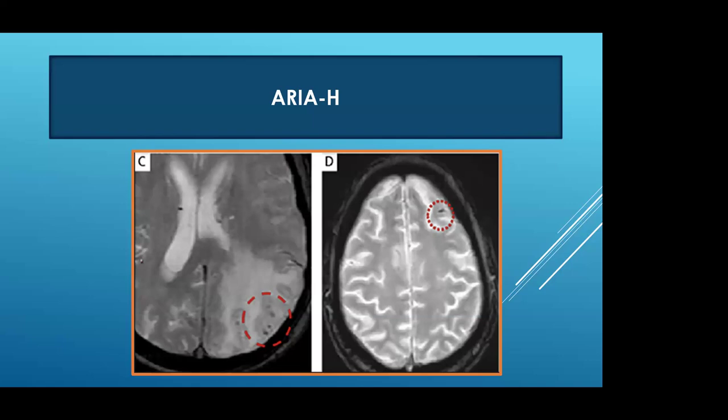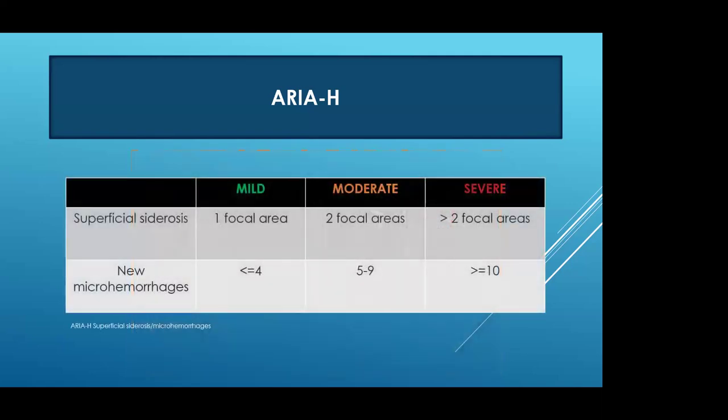My understanding is that the microhemorrhage is almost always intraparenchymal. Oh, I get your question. One thing is microhemorrhage and the other thing is superficial siderosis. Again, you can classify them as mild, moderate, and severe.